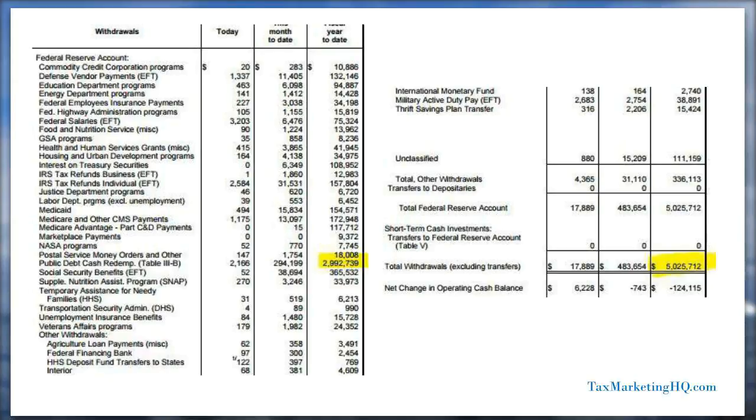If you look at this line, public debt cash redemption, almost $3 trillion of that is for people cashing in treasury bills. So actual government expenditures on operations is about $2 trillion.